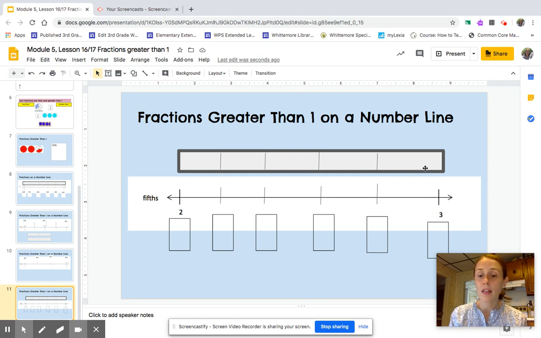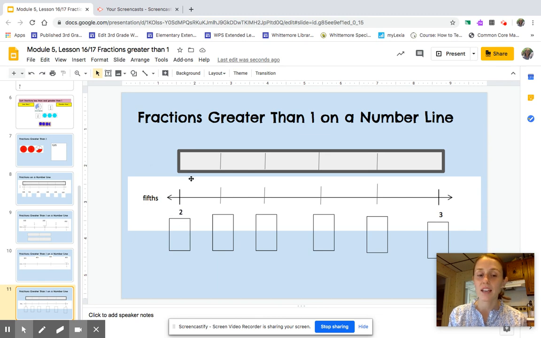Well, if I look at my rectangle, 1, 2, 3, 4, 5, I know that 1 whole is 5/5. If I keep adding 5 more pieces, how many would 2 wholes be? Take a second and see if you can figure that out.